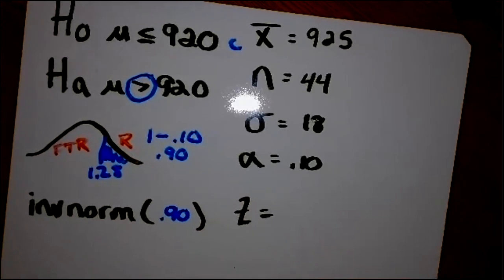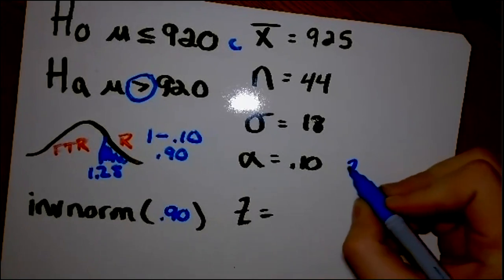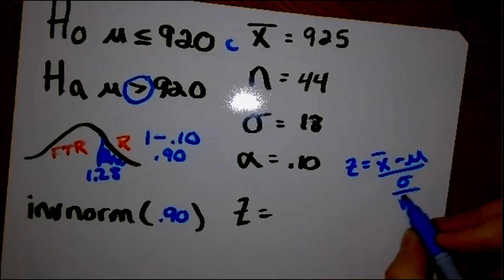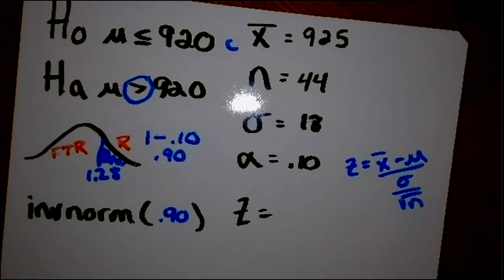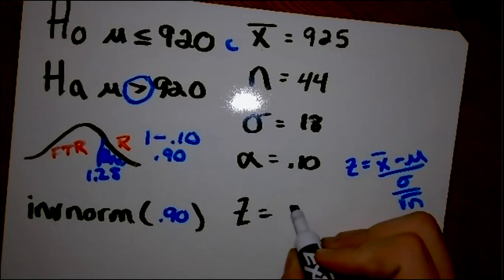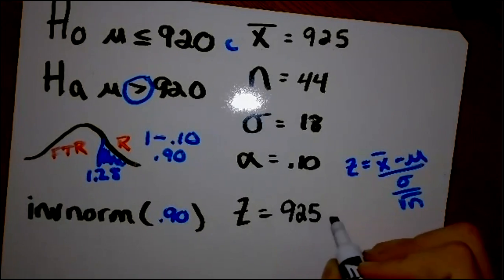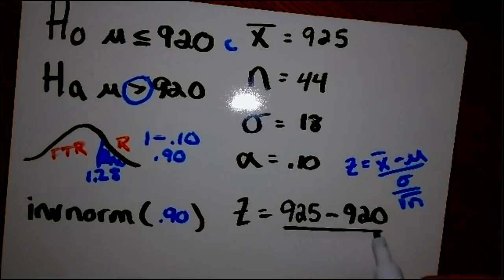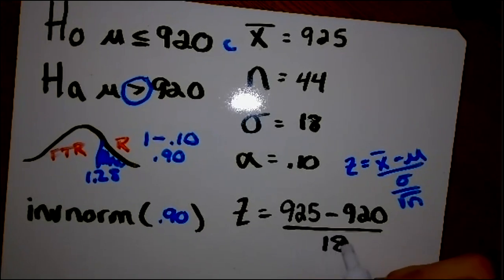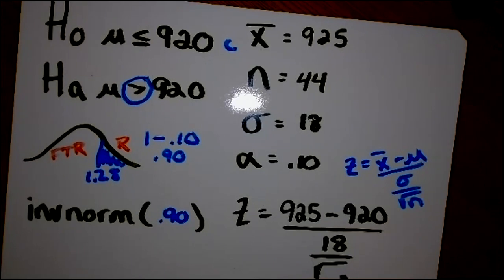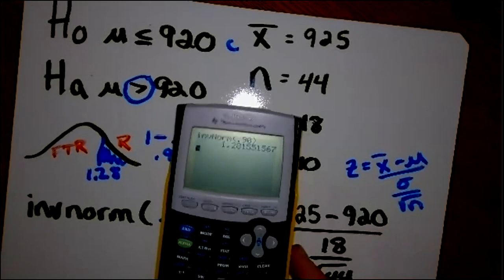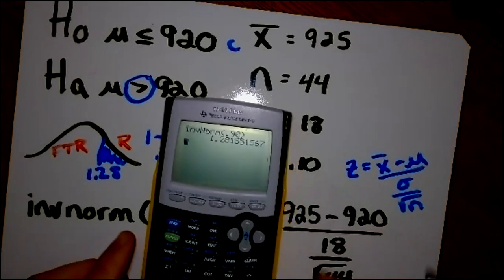So if I actually come and do the z-score, just as a quick reminder from the last video, our z-score formula is x bar minus mu over sigma over the square root of n. If I plug the values in, my x bar is 925. My mu comes from my claim, 920. I divide that by my standard deviation, which was 18, and the square root of n, which is 44. So quickly again to show you, I'm going to group the entire top in parentheses.